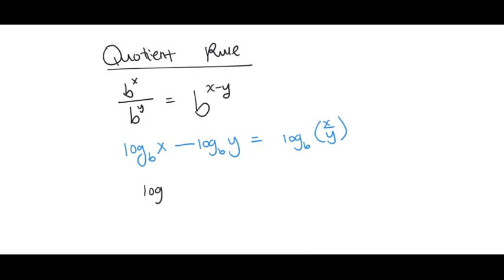You tell me, if I have the log base b of 20 minus the log base b of 4, what is that equivalent to? Well, we're going to take the log base b of 20 divided by 4, otherwise known as the log of 5. Pretty crazy, huh?